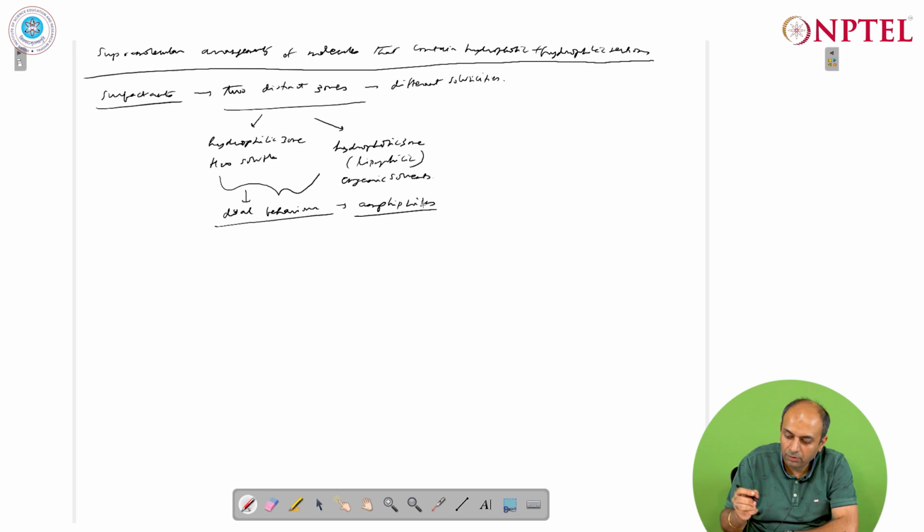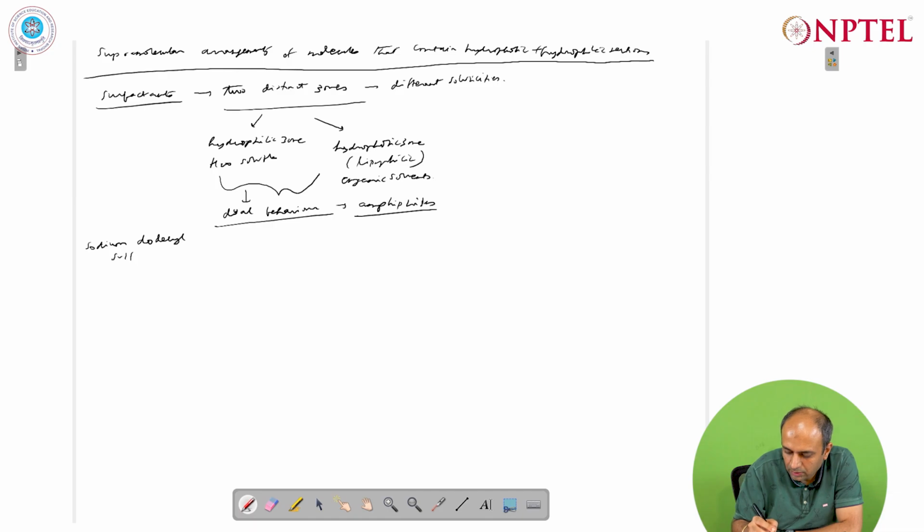For example, we can first take a very classic, very popular example of sodium dodecyl sulfate, SDS. And let us look at this structure.